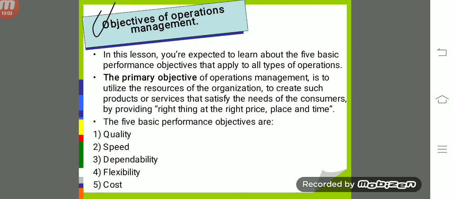Is it possible to produce 1 lakh products in a day for a small bakery? No. But in a large bakery, yes, it is possible. For example, Britannia. If this type of order is given to the Britannia bakery, they are fully aware and fully capable. How is it possible? Because they are aware of their speed, that in a day they are able to produce 10 lakh bread.